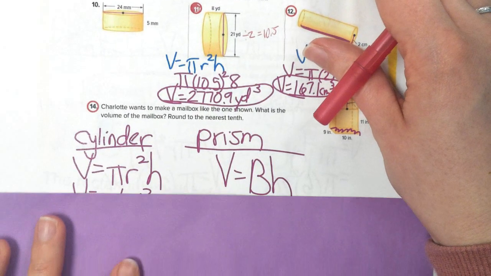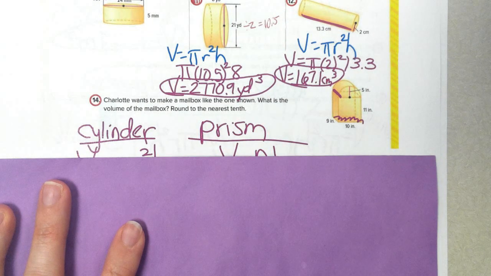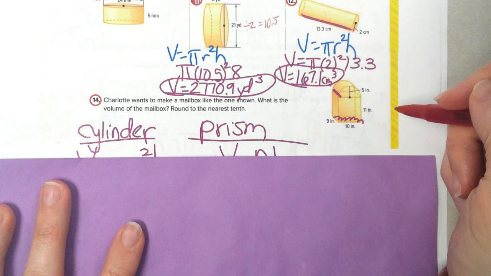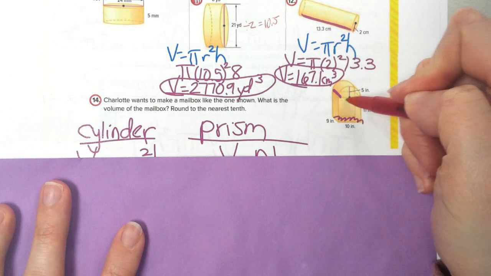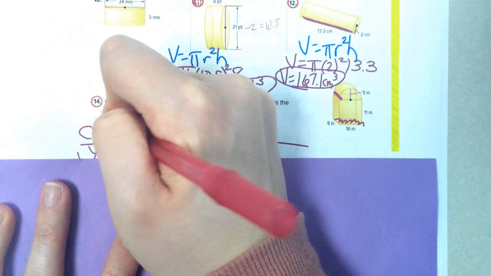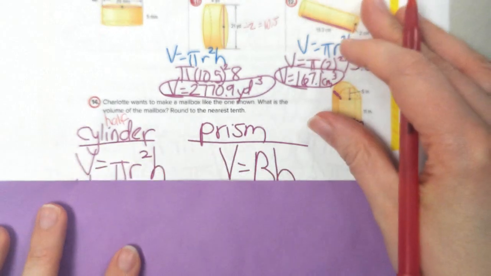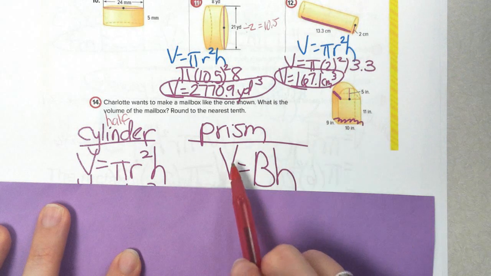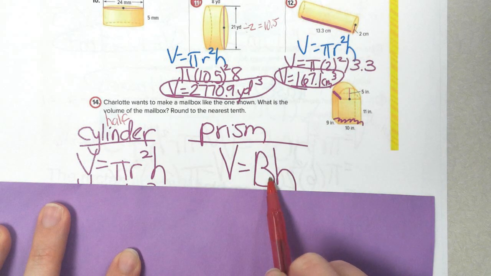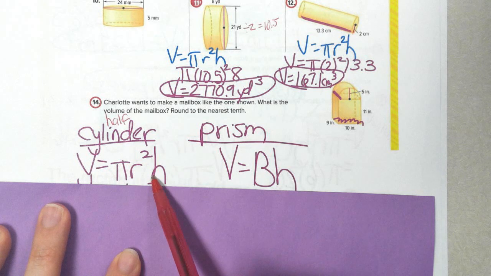So the next one was number 14. On number 14, when you look at this, you have your prism here, and then you have a half cylinder. So I'm even going to put the word half in here. A half cylinder on the top. So my formula for my prism is volume equals area of the base times the height. For the cylinder, volume equals pi r squared h.